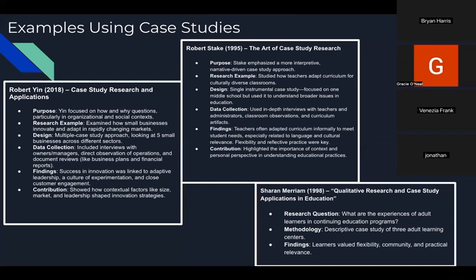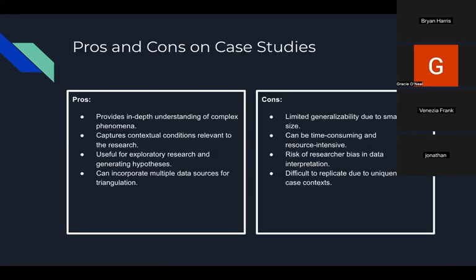I talked about Robert Yin and his case study, and I talked about Robert Stake on his case study on the study research in schools, and also Sharan Merriam and their case studies. So I just talked a little bit about that. If we can go ahead and go to the next one, I'll just start with the pros and cons.